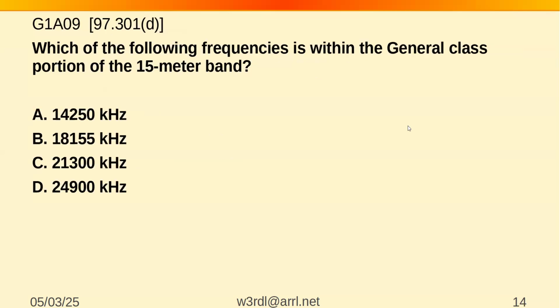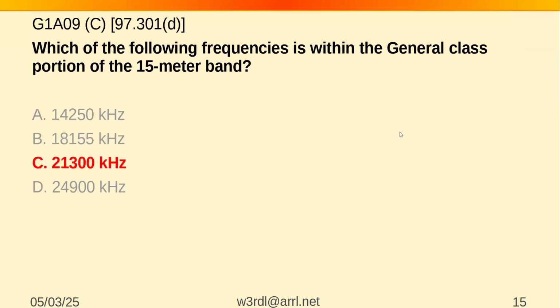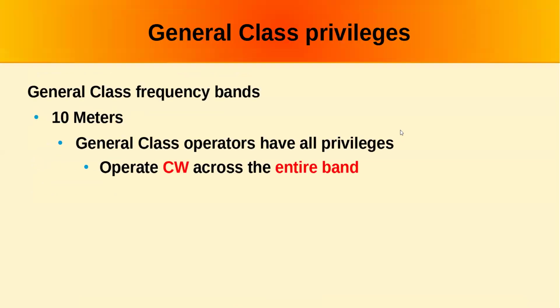Which of the following frequencies is within the general class portion of the 15-meter band? For 10 meters, general has all privileges and can operate CW across the entire band.